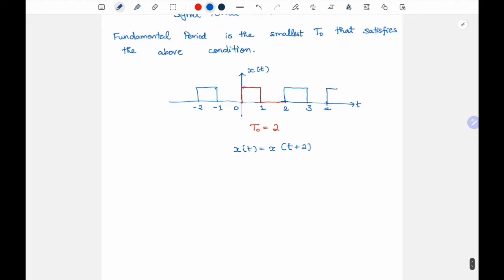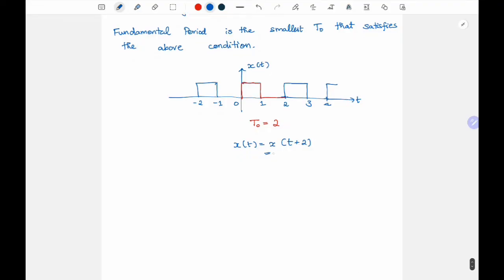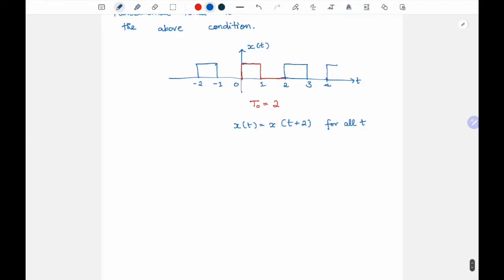And as you can see, for every periodic signal, because this equation is valid for every t, for all t, the extent of the signal itself should be from -infinity to infinity. So the signal starts from -infinity to infinity.